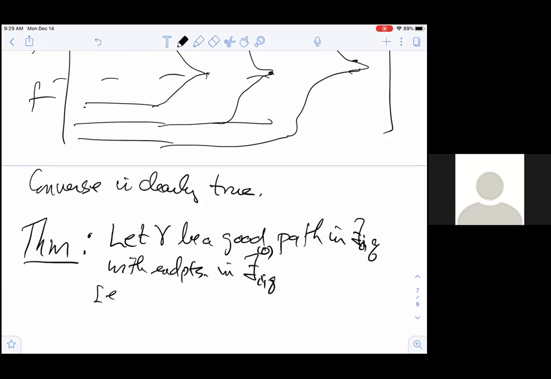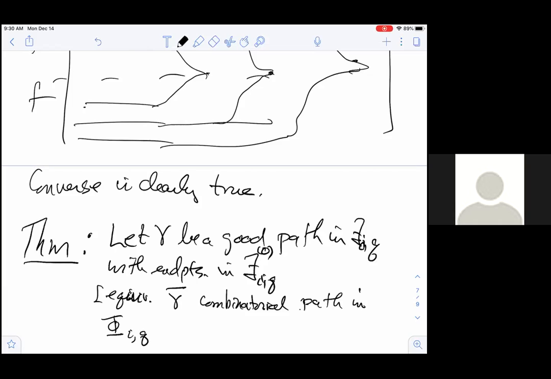Or equivalently, we have a path gamma bar, a combinatorial path in this complex we've just been talking about.